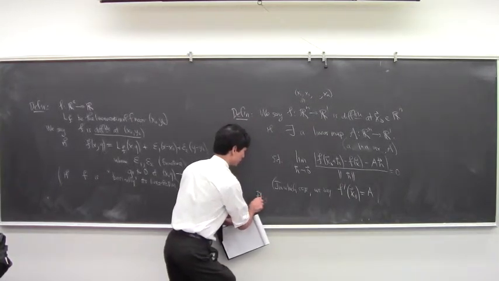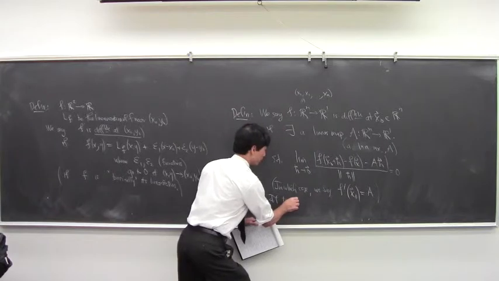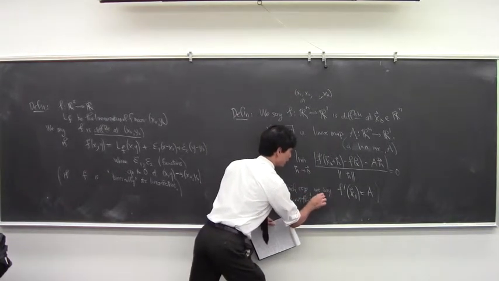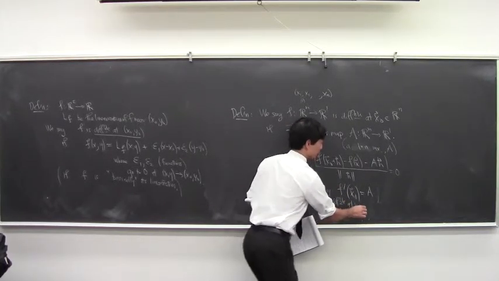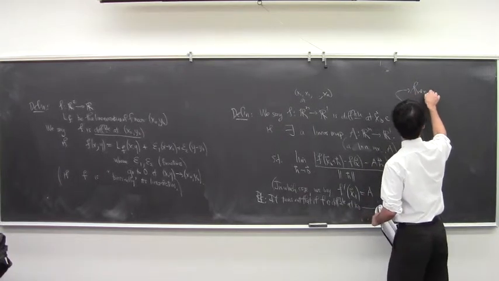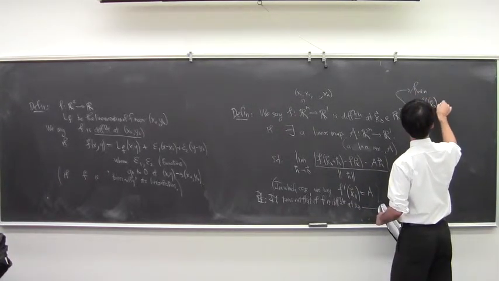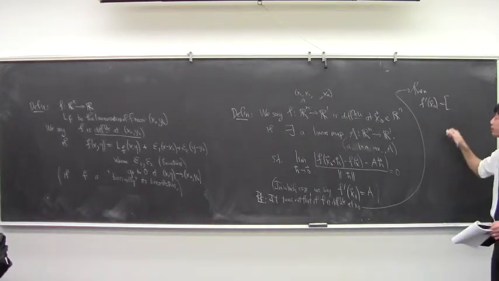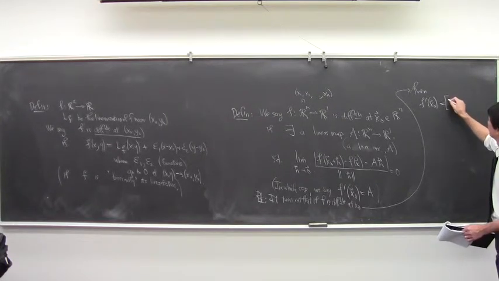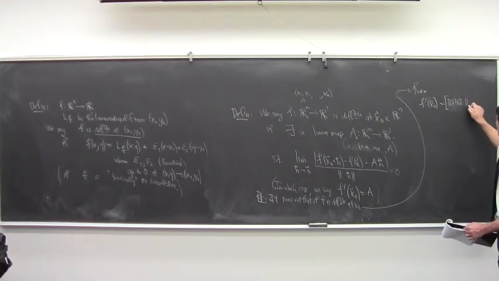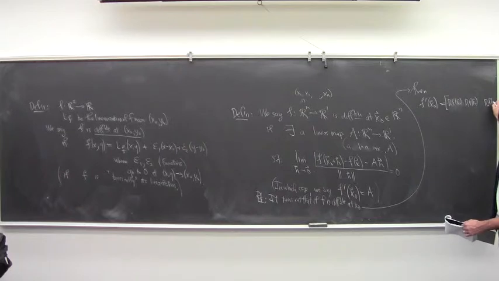In fact, it turns out that if f is differentiable at x naught, then that matrix turns out to be the matrix of partials: f sub x1, first partial evaluated at x naught, second partial evaluated at x naught, the nth partial evaluated at x naught.